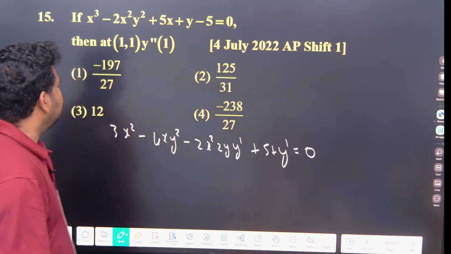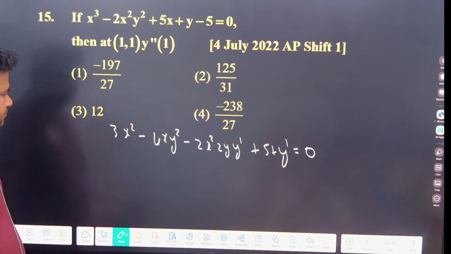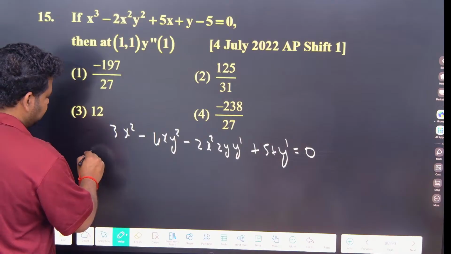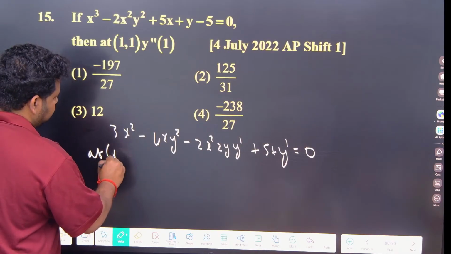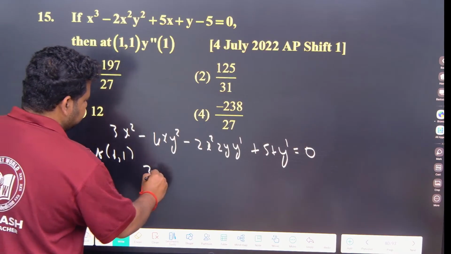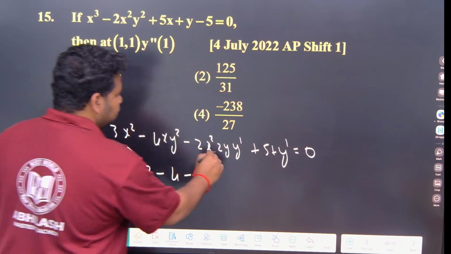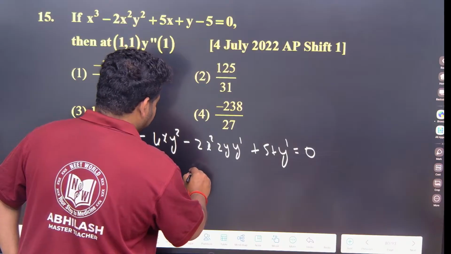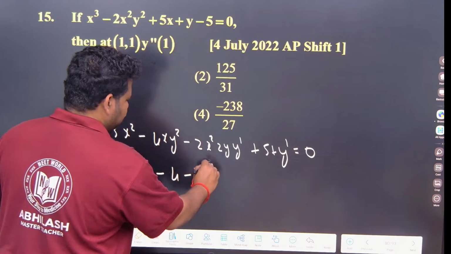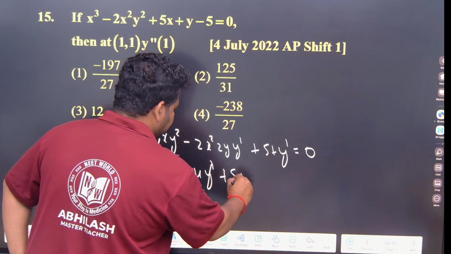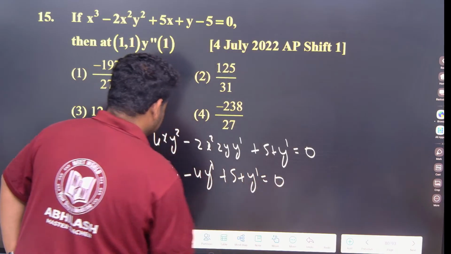Now we will put (1, 1). This will be 3, this will be 4, this will be 2 into 2, 4 y dash, minus 4 y dash. For y dash we don't know the value. Plus 5 plus y dash is equal to 0.